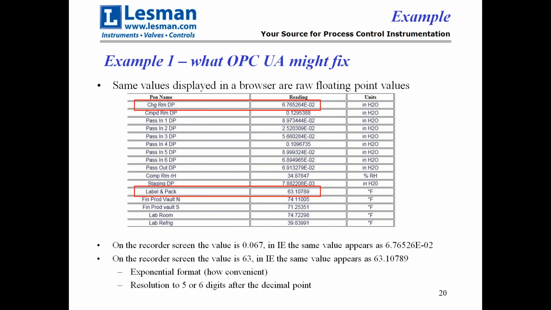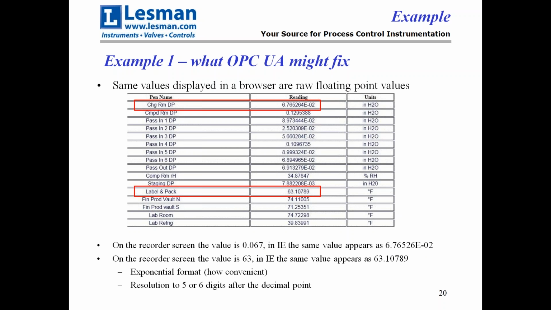Now we don't have OPC UA here, so watch what happens. This is a screenshot from when I pulled the data up in Internet Explorer, a browser, because it'll export the data to a browser. And I'm interested in 2 points. I want to see one of them that on the other screen read 0.67, and it's the one up on top here.